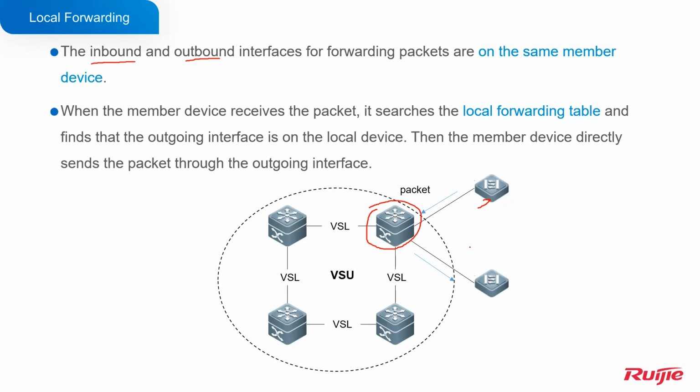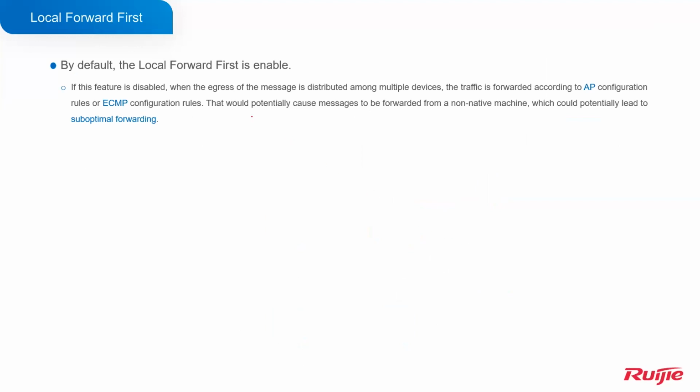When we forward the message out, one principle is local forward first. By default, local forward first is enabled. If this feature is disabled, then when we receive the message from the other switch, we will forward the message according to the AP, the aggregate port, or maybe the RCNP configuration rules.